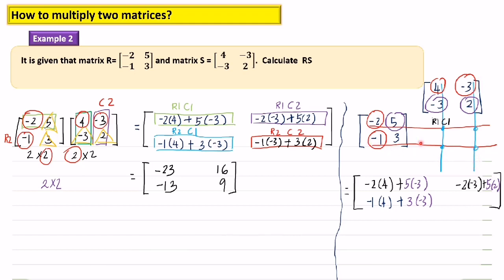You just follow this line to multiply. So second row here, negative 1 times negative 3 plus 3 times 2. So we also obtain the answer negative 23, 16, negative 13, 9.